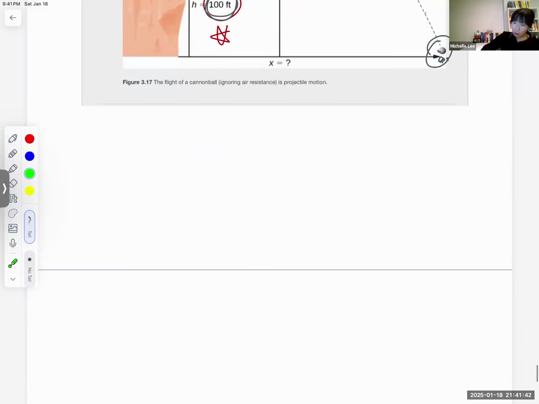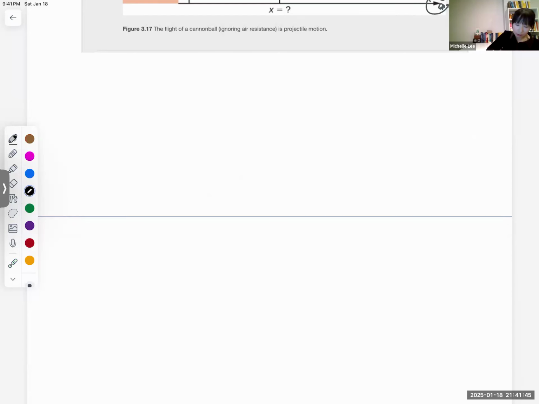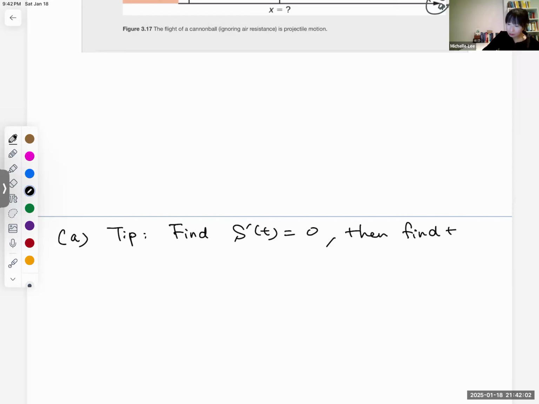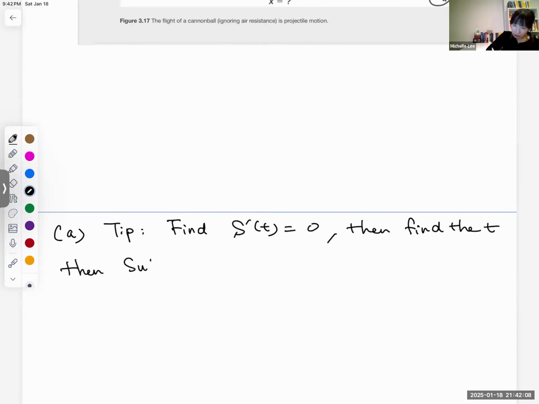So let me write down part A. Find the position vector prime equal to 0. Then find the time t. Then substitute t into the position vector.